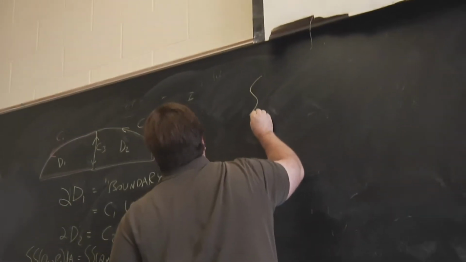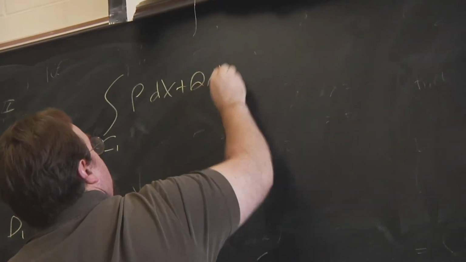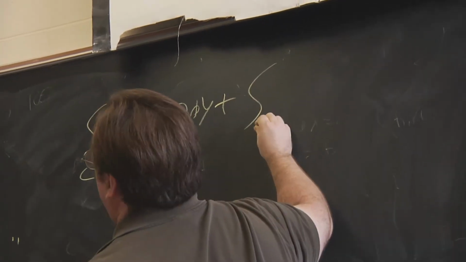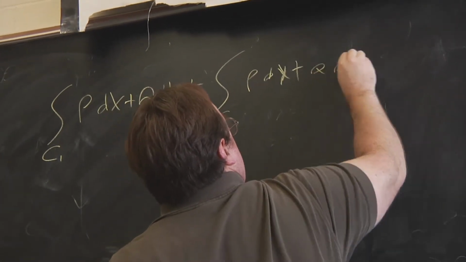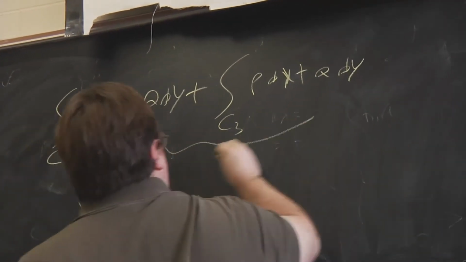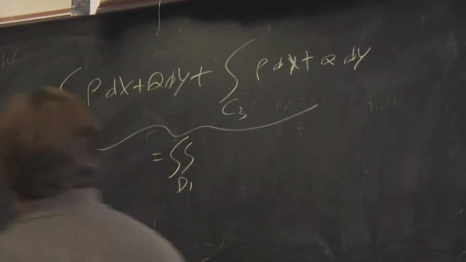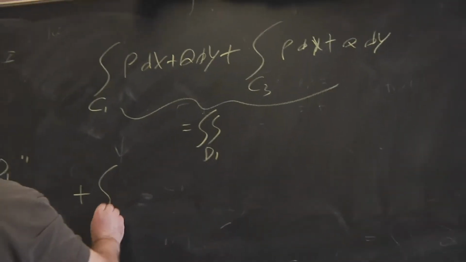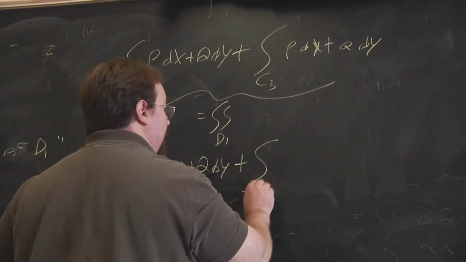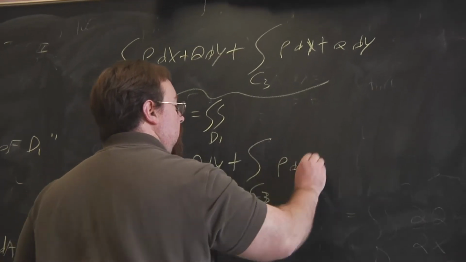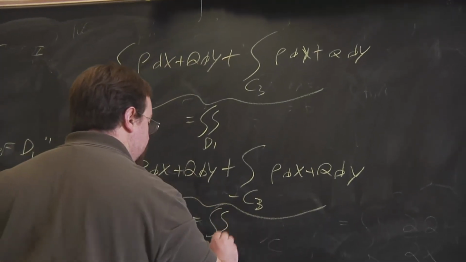So now we have the integral over C1 plus the integral over C3, all of this is equal to the double integral over D1, plus the integral over C2 plus the integral over minus C3, and all of this is equal to the double integral over D2.